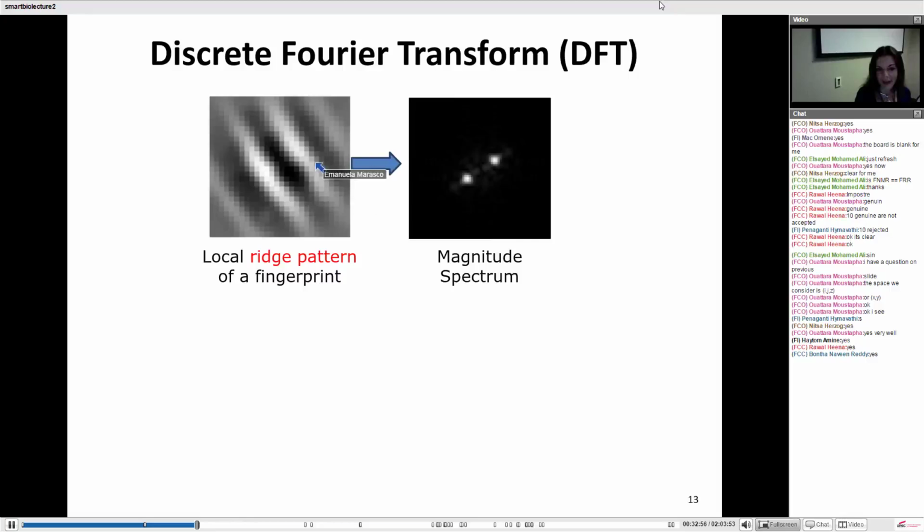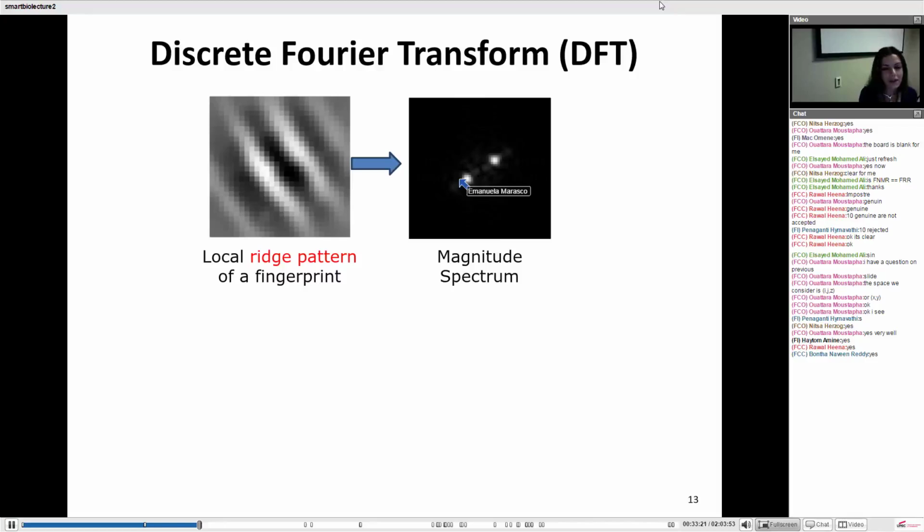Here is a representation of a local area. This is something that we can do even in MATLAB. So we have a local ridge pattern here, with x and y and gray level. We are in the spatial domain in this first picture, and then the magnitude spectrum.